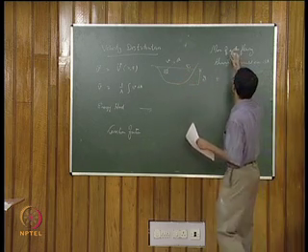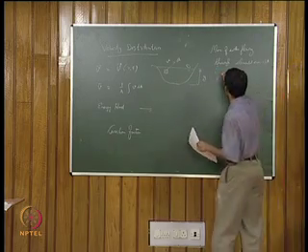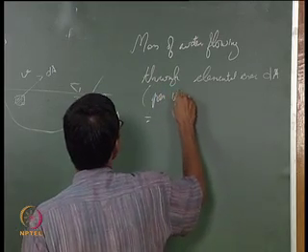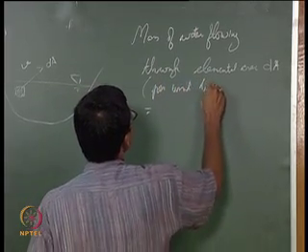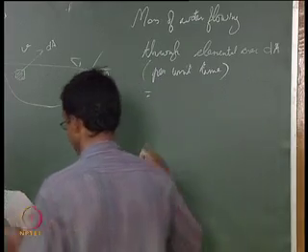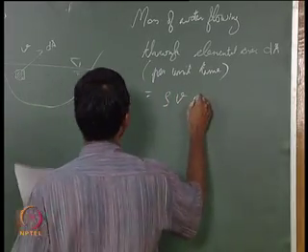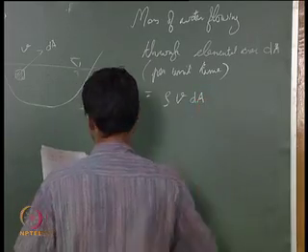That will give you the mass of water flowing through the elemental area per unit time. Please note that this is per unit time. So, I can now give this as rho into v into dA.